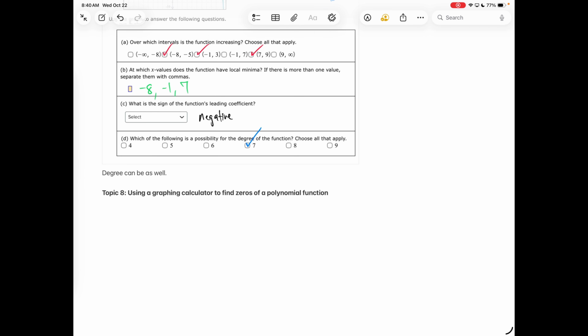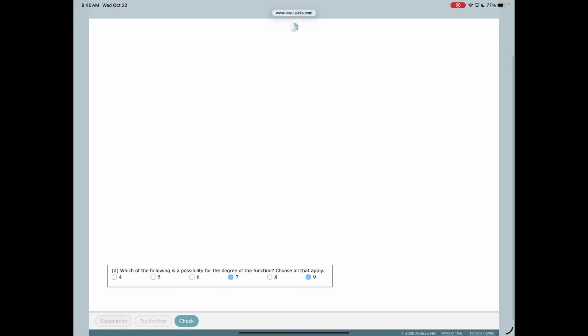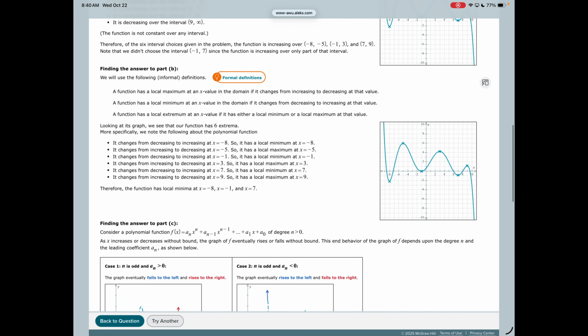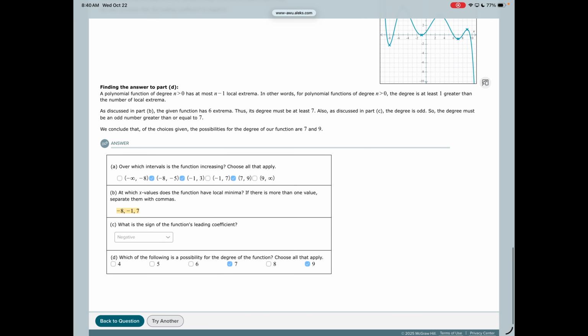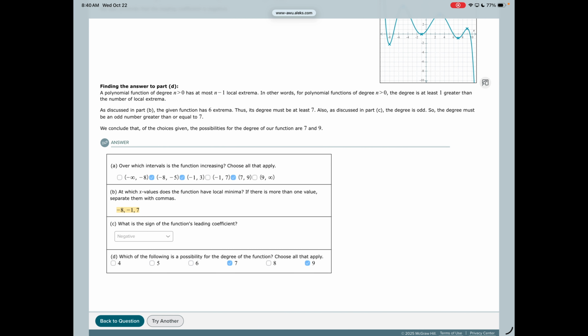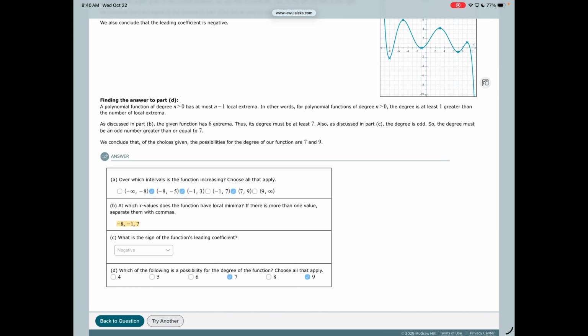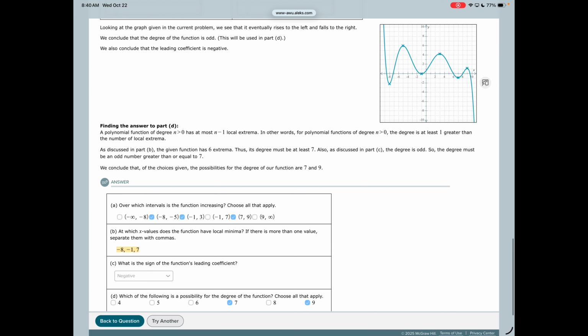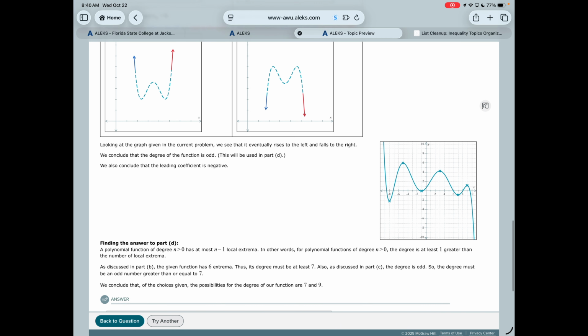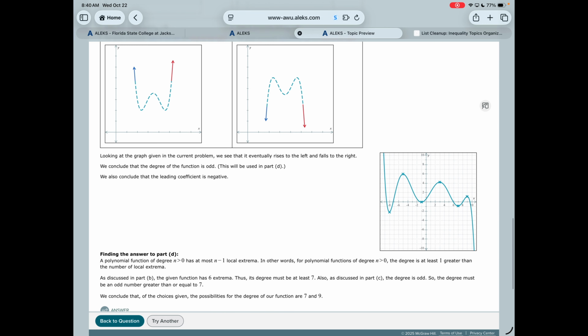Let's see if they have a better explanation for that than I do. Okay, with the number of turns, it has at most 1 less than n. So 7 minus 1 would be 6, but 9 minus 1 would be 8, so it could have up to 8 turns.